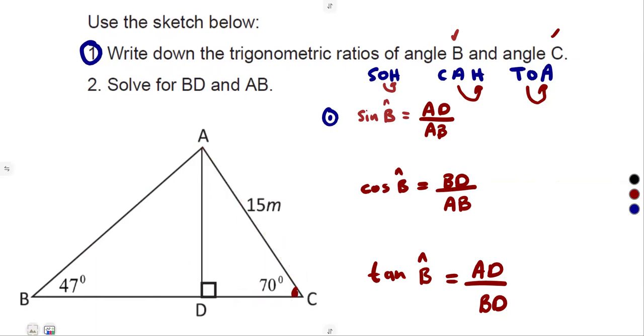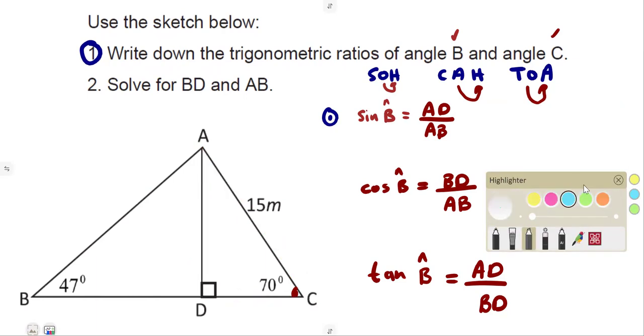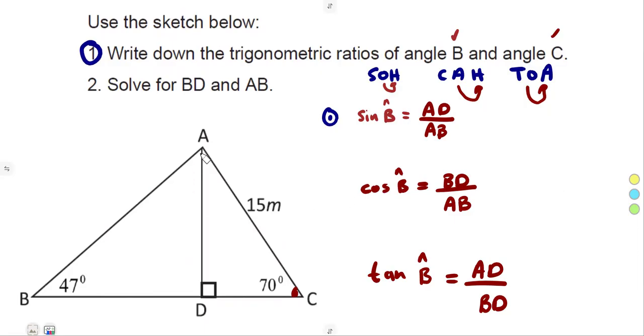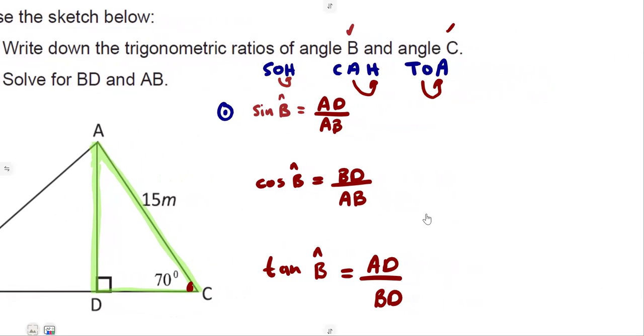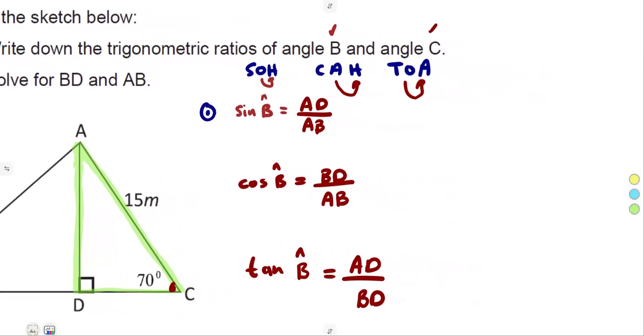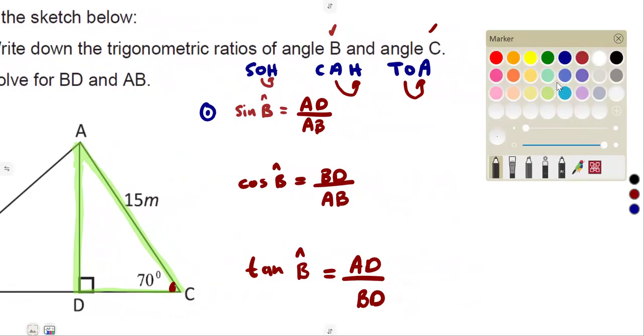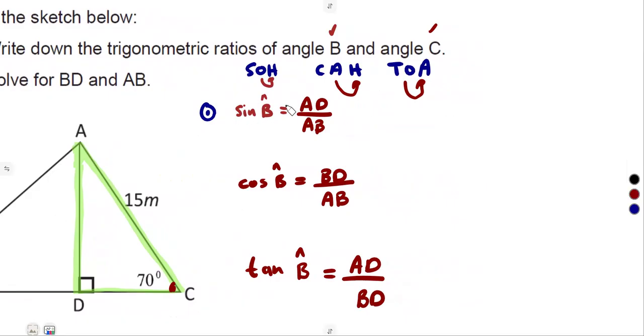This is the right angle triangle that you are going to use where angle C is, so that's in triangle ADC. Using this triangle, we have the same trigonometric ratios as mentioned here, the sine, cos, and so on, but of angle C.